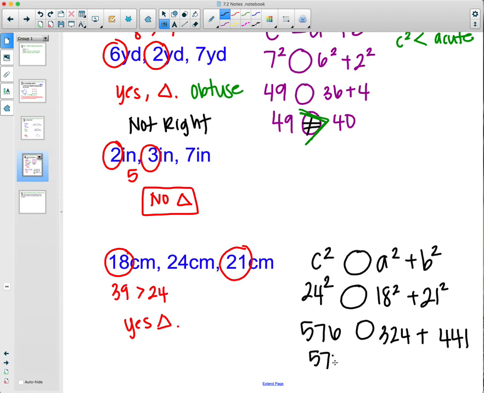So then we have 576, and we'll see how that compares to 324 plus 441, which is 765. So in this case, the c squared value is less than, or smaller than, the a squared plus b squared. So this is an acute triangle.